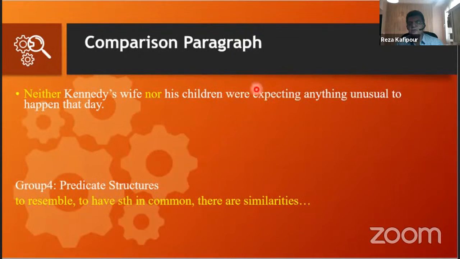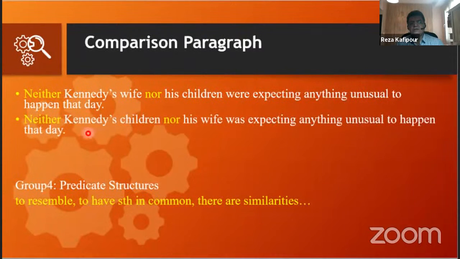As we said before, the verb refers to the nearer subject. Or let's say the verb should be consistent with the noun after nor. So because of children, his children, we say were.